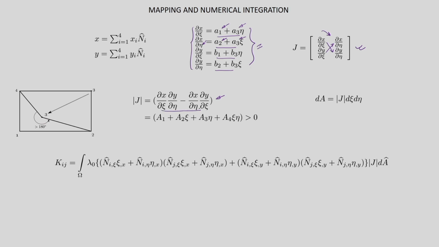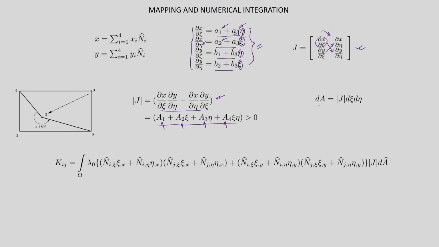So, that has been written here, and since each of the terms is a function of ξ and η, we will have this term, where a1, a2 are constants. So, these are in terms of a1, a2, a3, a4, alright, and are constants because these are basically functions of the coordinates of the corner nodes.